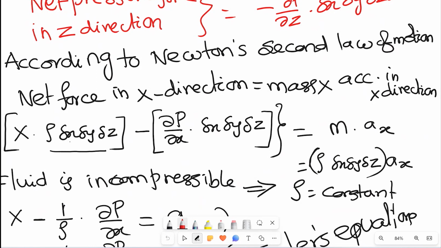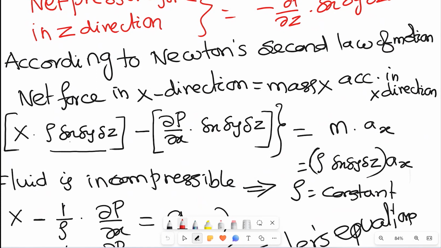So this net force on the fluid element is equal to mass into acceleration. Mass is equal to volume, delta x delta y delta z, into mass density rho. So rho delta x delta y delta z becomes the mass, into ax.